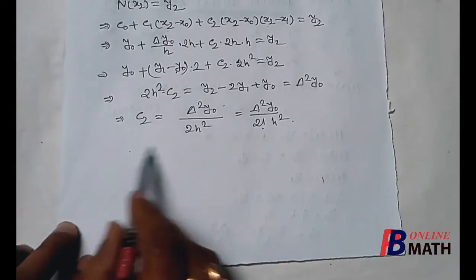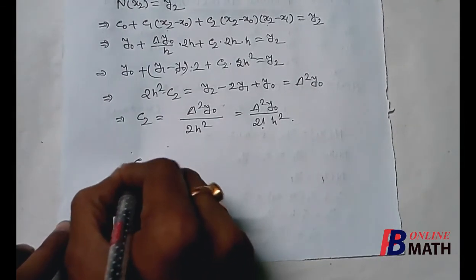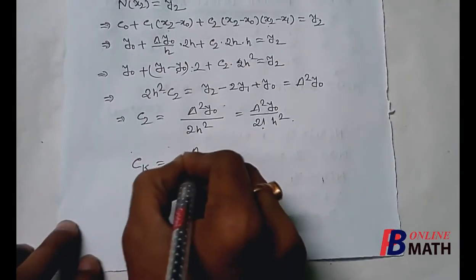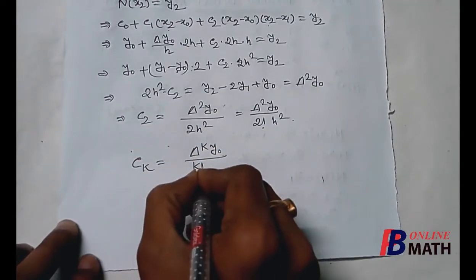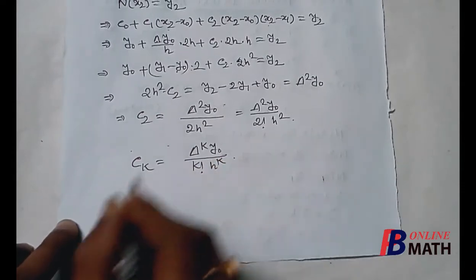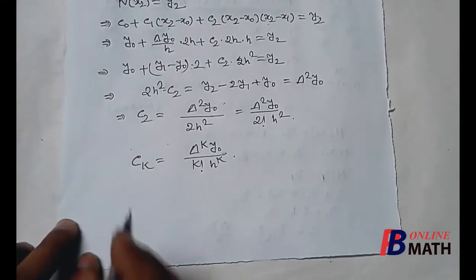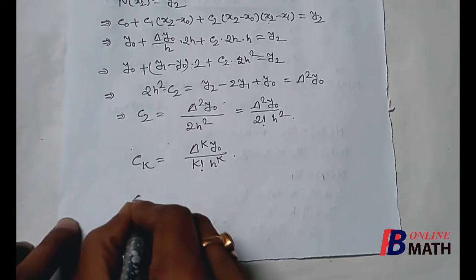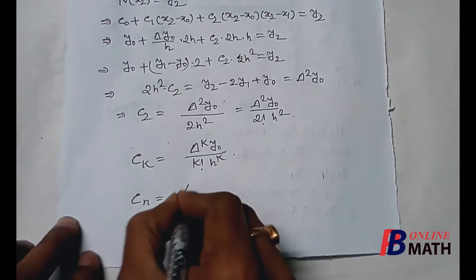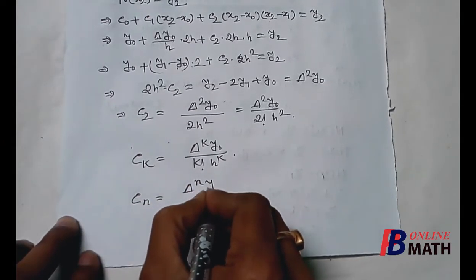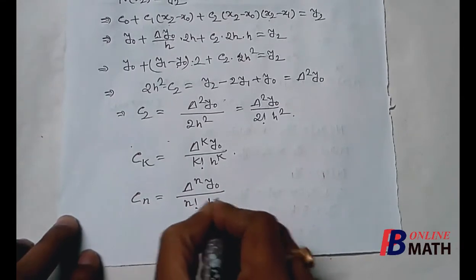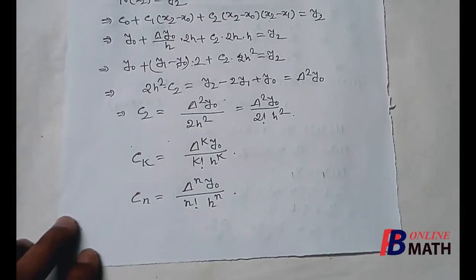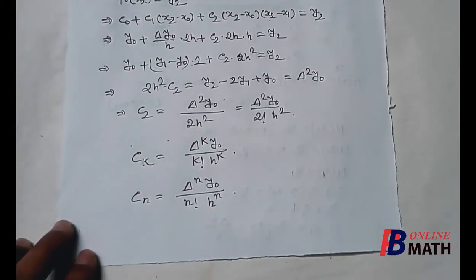Now continuing in this manner, we can find that ck is equal to delta k y0 divided by k factorial into h to the power k. Finally we find cn, the last coefficient, that is delta n of y0 by n factorial into h to the power n. So these are the required coefficients of the polynomial.